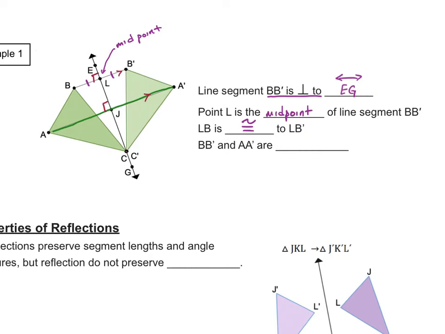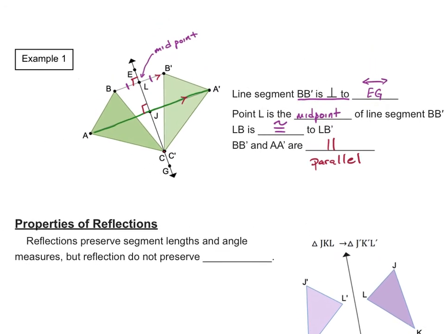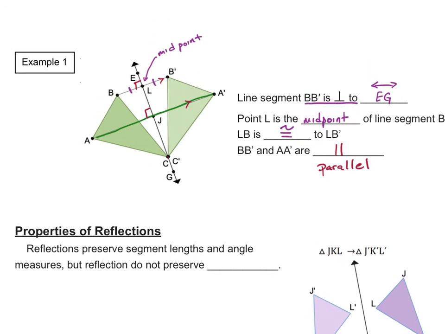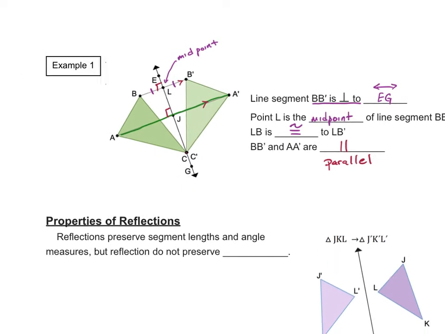Okay, that's just another of the attributes. So we'll just go ahead and write it in here, parallel. Okay, so there is walking through this example, identifying some of the attributes of a reflection across a line of reflection, with an image and pre-image, some of the attributes.